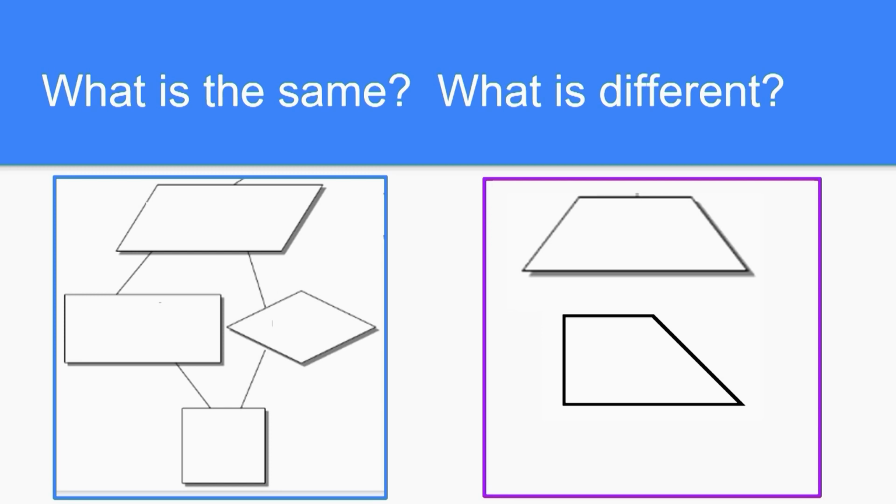What I noticed about these shapes is that they all have 4 straight sides. They are all quadrilaterals.